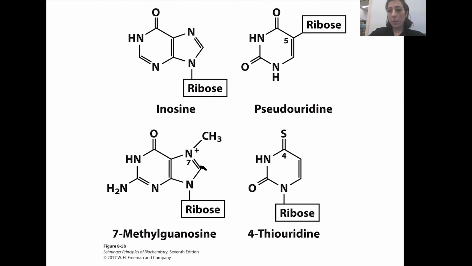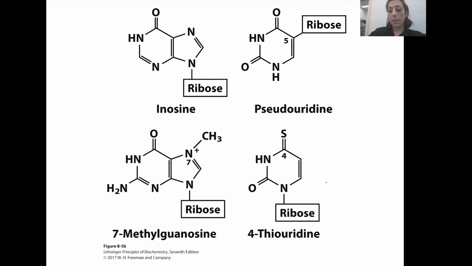So here's some of those groups. These are additional groups, again, that are found in especially RNA, types of tRNA and rRNA, being utilized as unique nitrogenous bases as a part of a nucleic acid or nucleotide. So here's inosine, pseudouridine, and two others that we did not talk about.